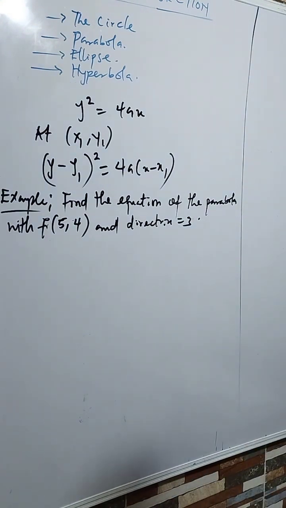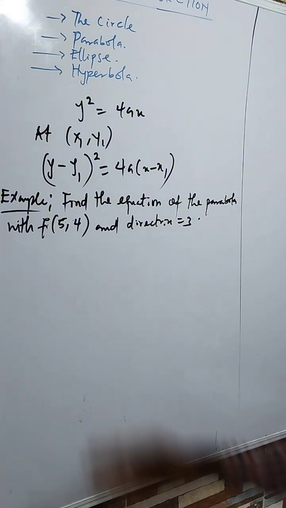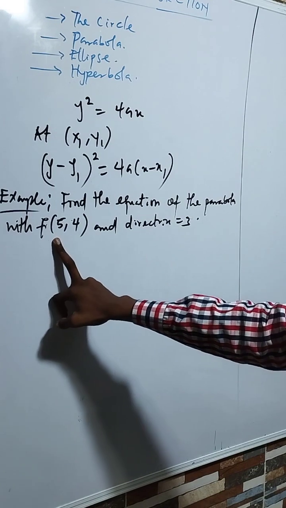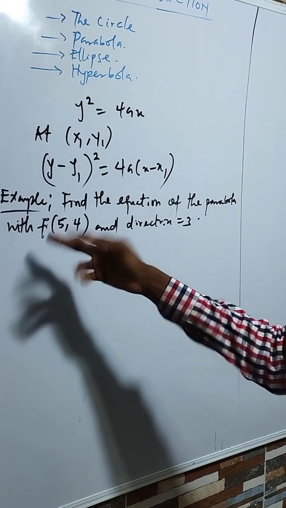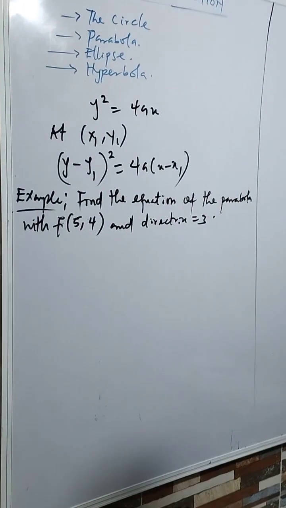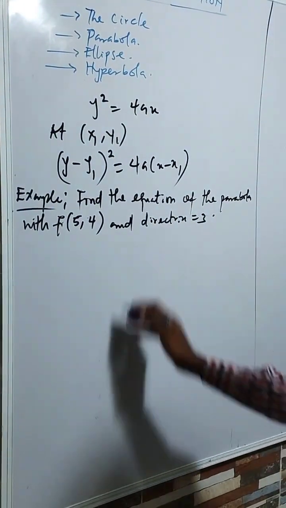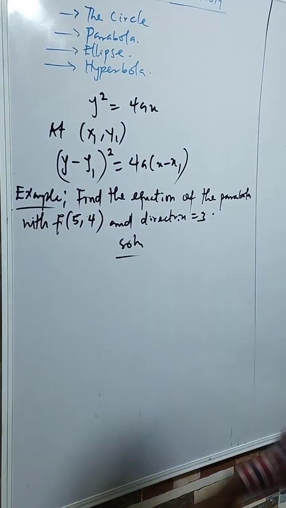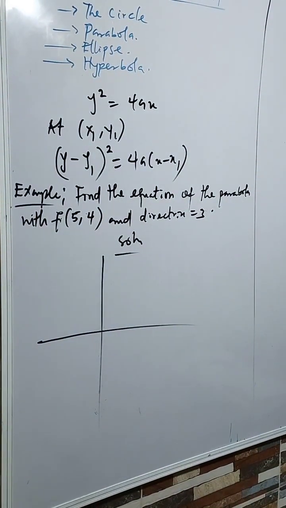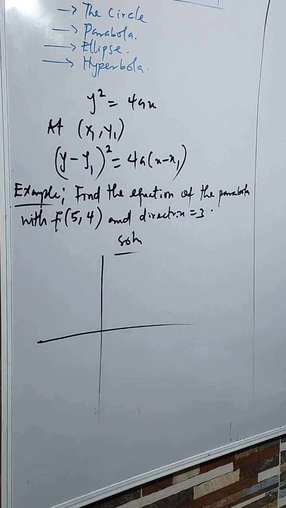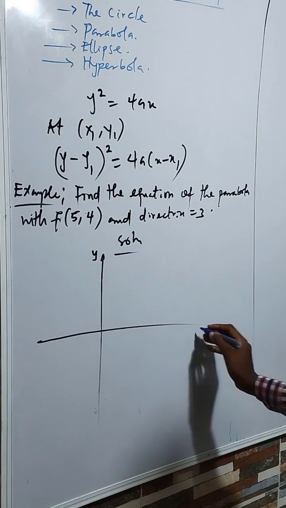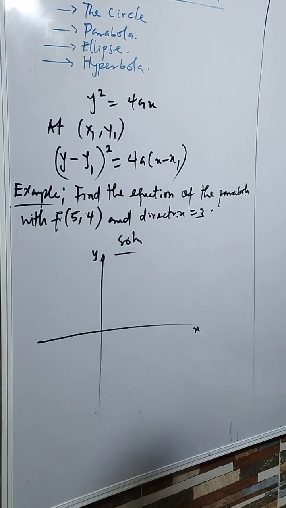Now, in this case, like I said, I have my a already. The a has already defined what I need. This is the focus, so I know the way the curve should look. Solution to this problem: I have here as my y, and here as my x.